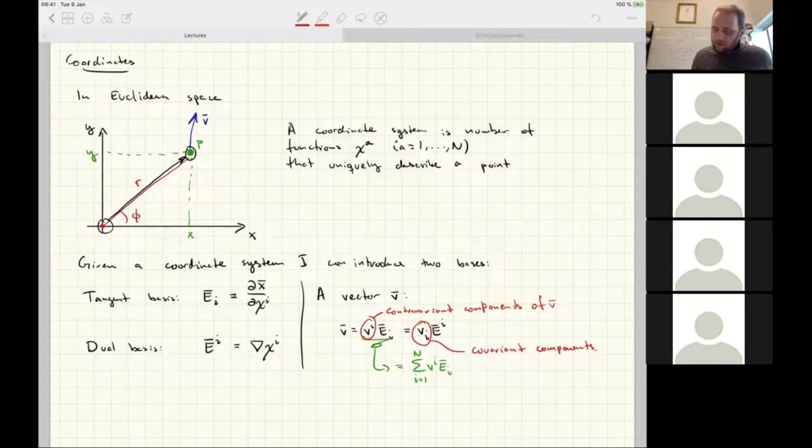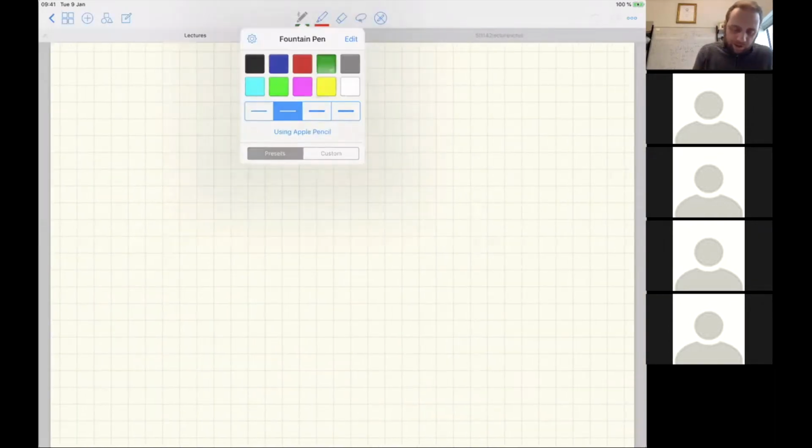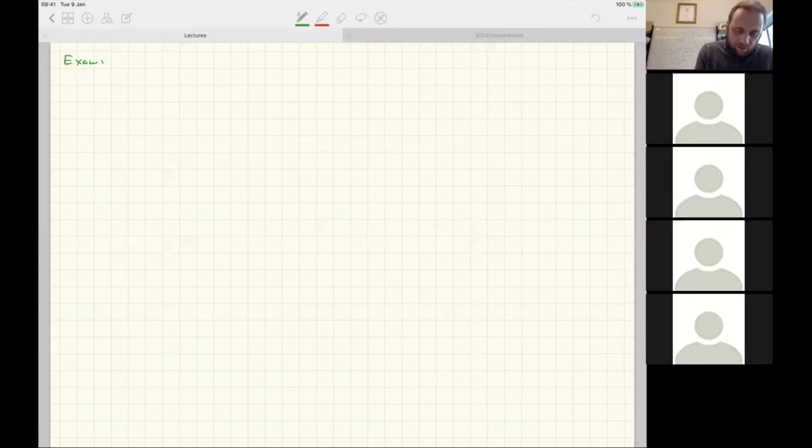So just to give an example of this, in polar coordinates, we have the following. So the tangent vector basis, e_r, this was defined as the derivative of the position vector with respect to r. And the position vector, that's x e1 plus y e2.